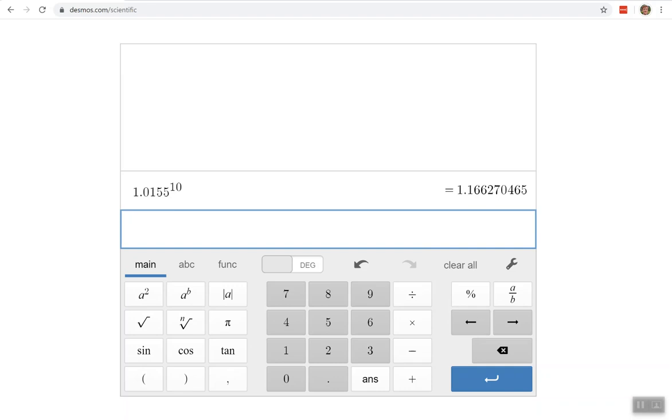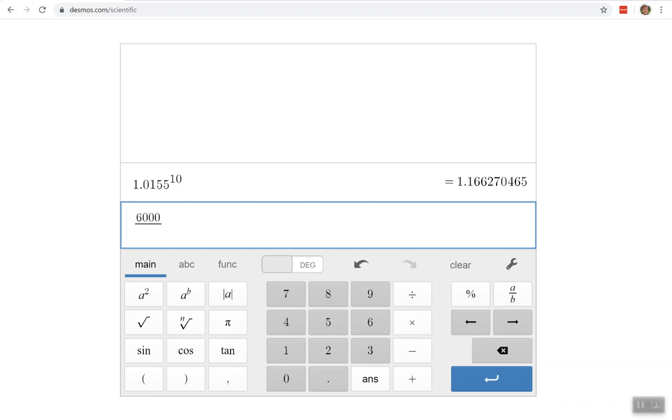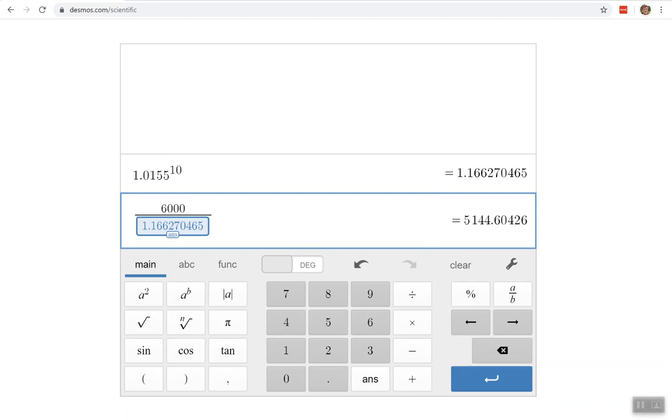And then we need to do 6,000 divided by that. So let's go ahead and type in 6,000 divided by, and then in order to get this previous answer from memory, we're just going to press the A and S button, which you should have on your calculator.